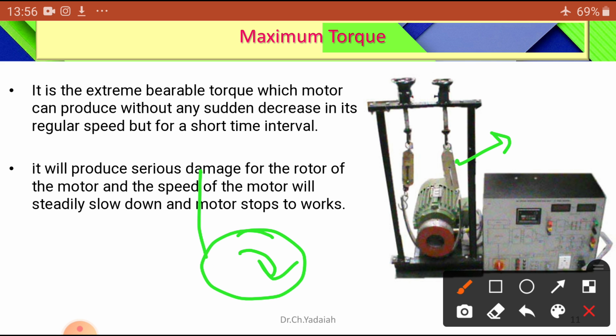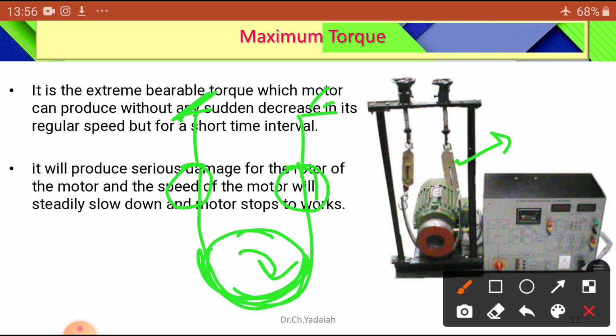Once you add the load by tightening the spring, friction takes place more and more, then the rotor speed will decrease. If you tighten further, the speed decreases again. At one stage it will stop. That is known as the pull out torque.